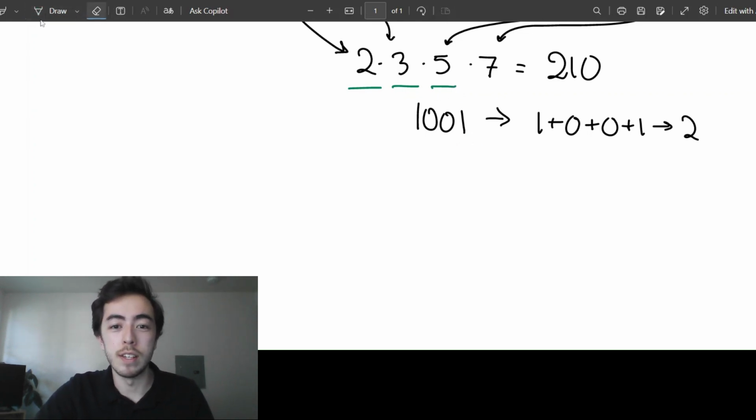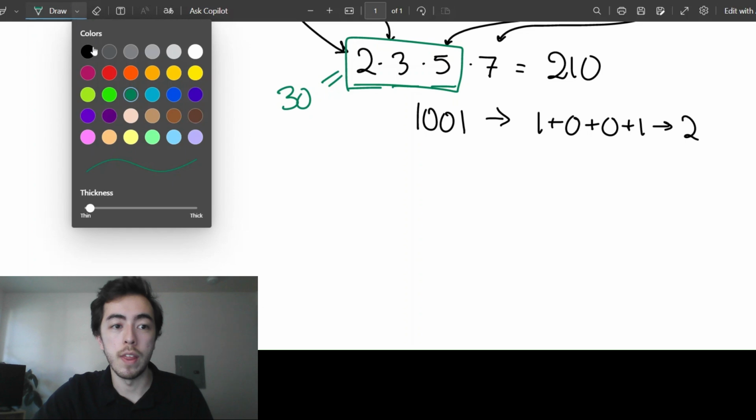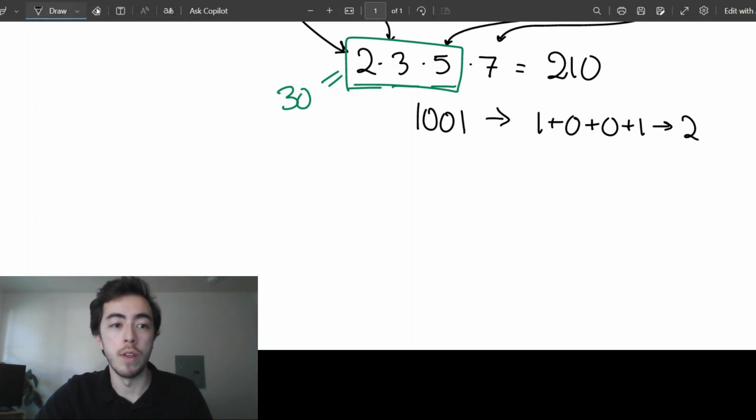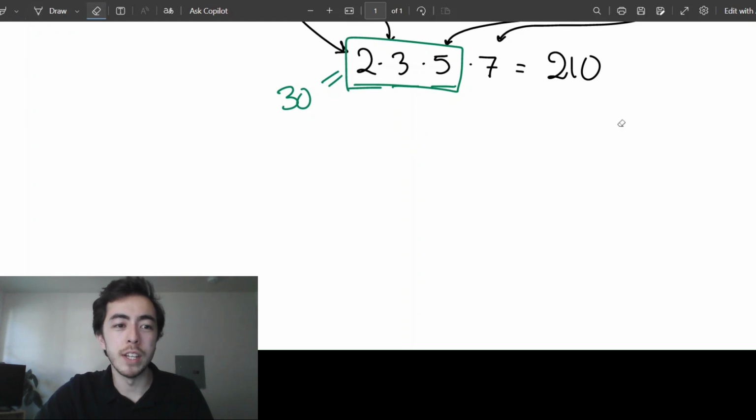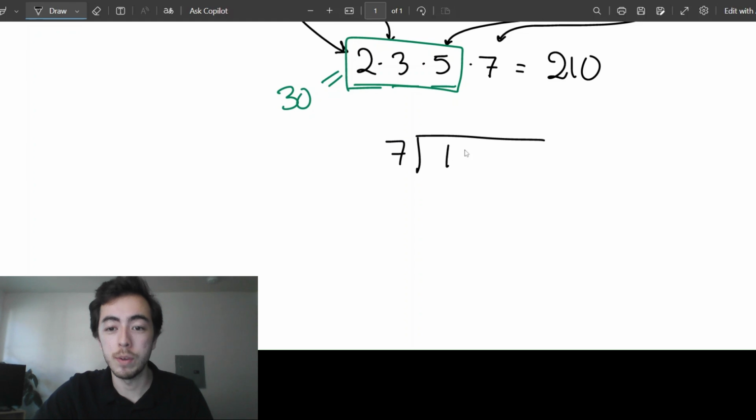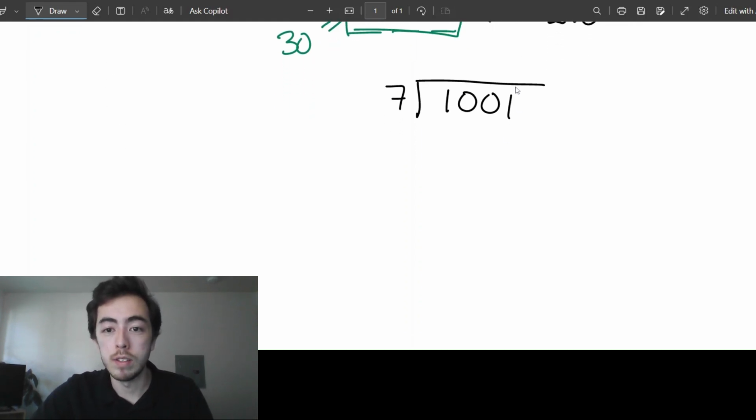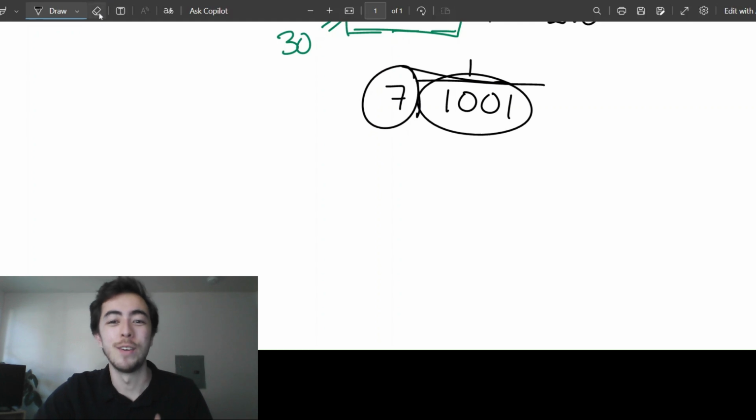And now I can see that these numbers all together make 30, and that's today's date. So I should just prove that 7 is a factor of 1001. I don't have any good divisibility tricks for 7s, so I'm just going to do it the classic way and do some long division. 7 goes into 10 once, or technically, 700 goes into 1001 once.